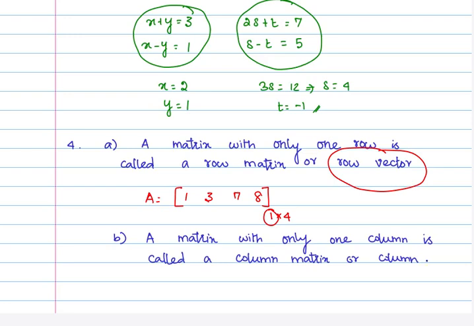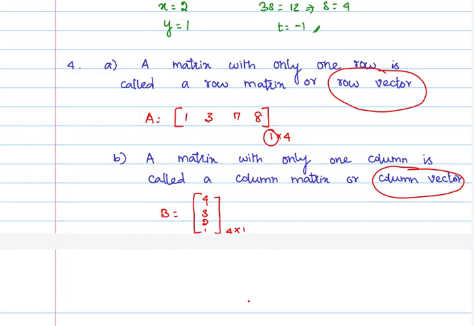Here also, people mostly use the term column vector, not column matrix. So the matrix has only one column. Suppose I take the matrix B as 4, 3, 2, 1. This has 4 rows, 1 column. Such a type of matrix we call a column matrix or column vector.